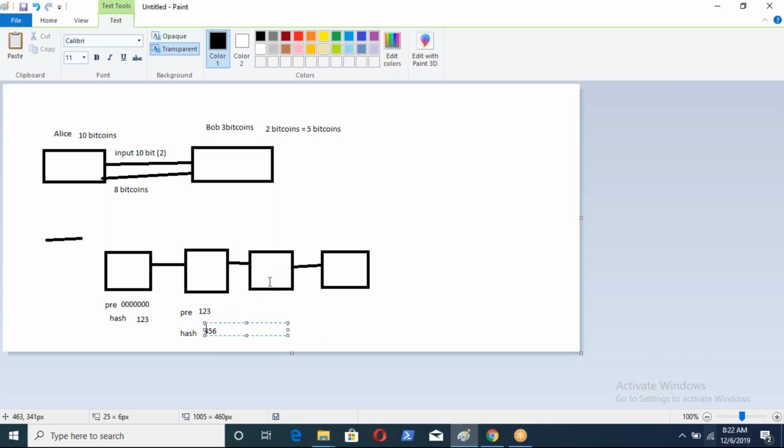So this and this no longer match. If anything changes in the chain, it is reflected in the rest of the chain.